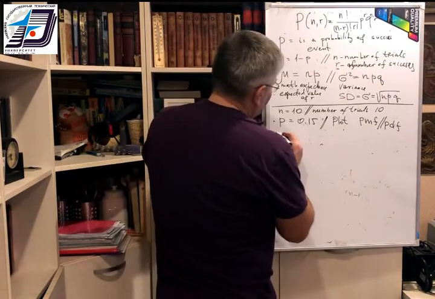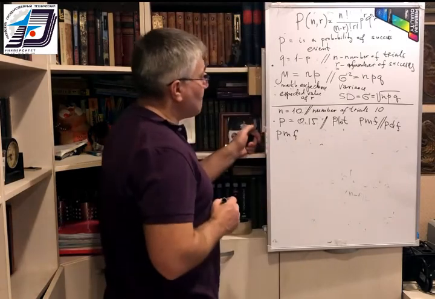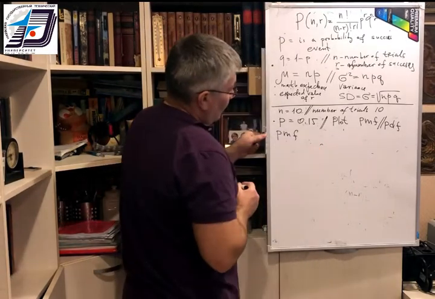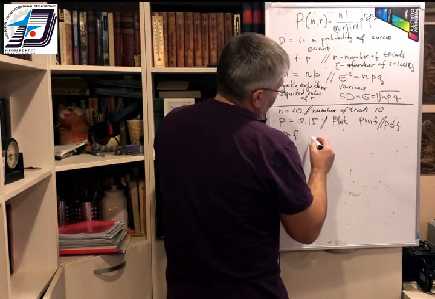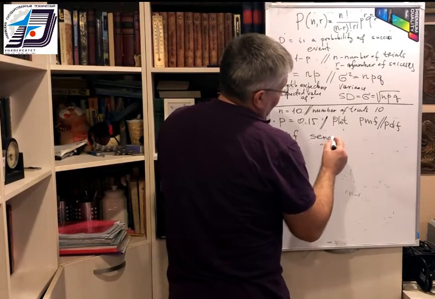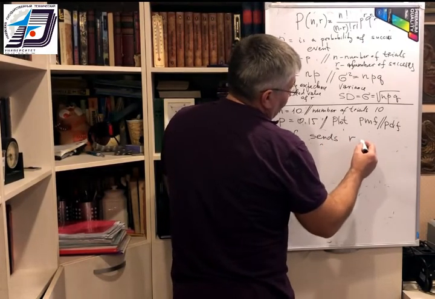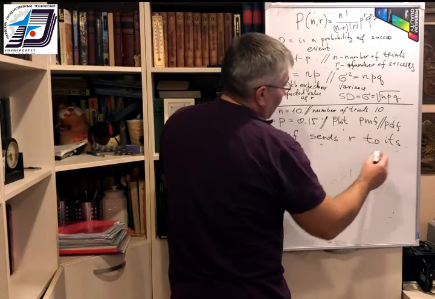The probability mass function sends a random variable r to its probability.